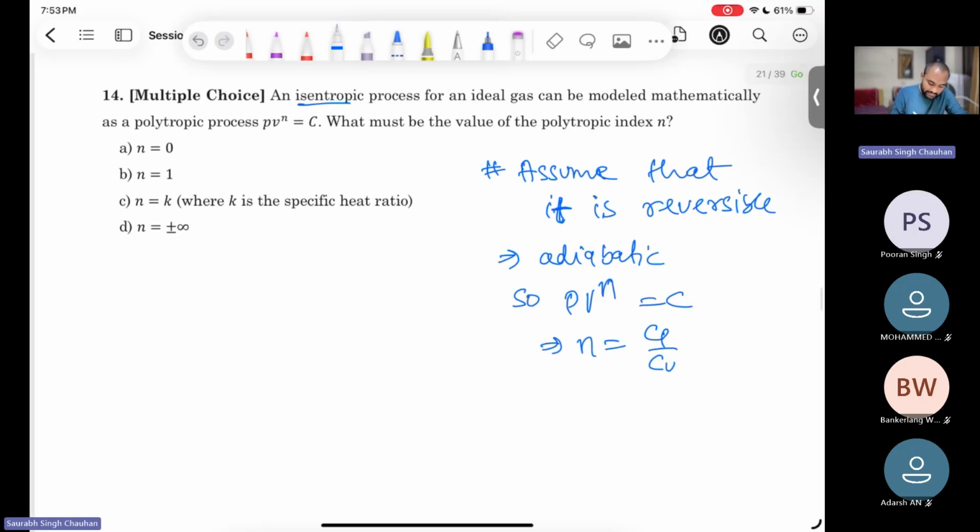This is case 1. If this was case 2, then there will be something else. But if you assume that the process is reversible, then it will have to be adiabatic. In that case, this power of volume has to be the specific heat ratio.